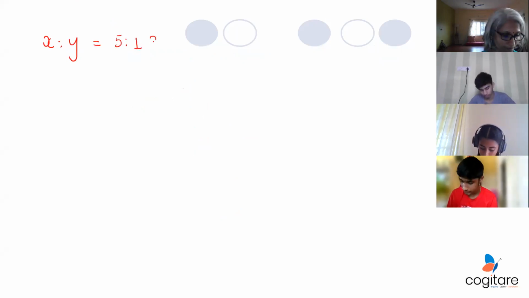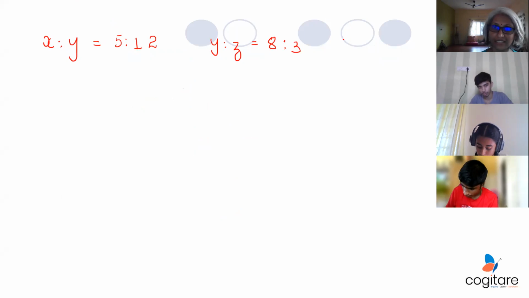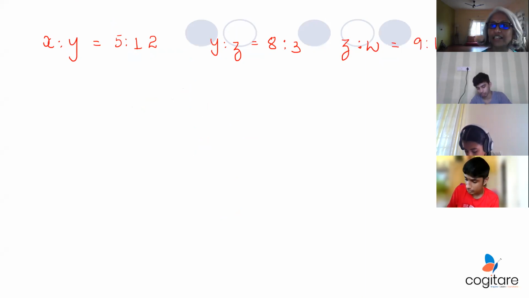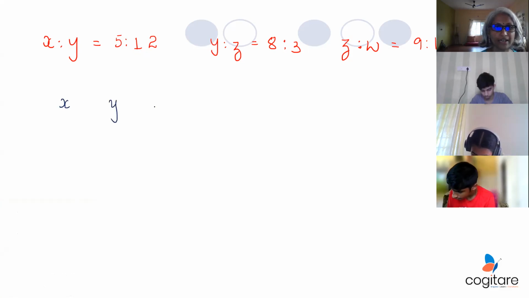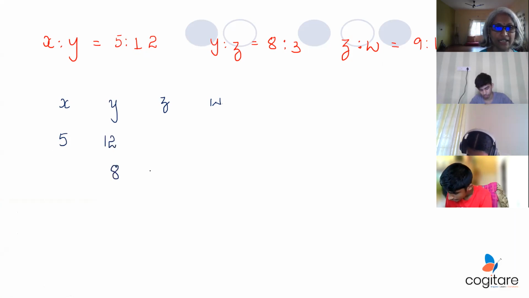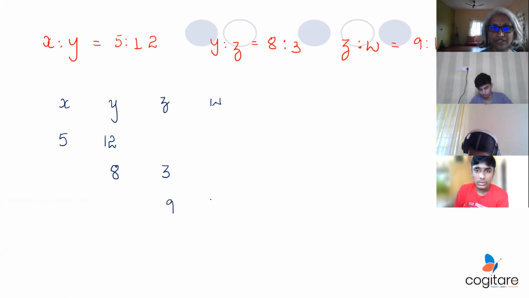If X is to Y is 5:12, Y is to Z is 8:3, I'm extending the same concept, Z is to W is 9:16, then find X is to W. X, Y, Z, W. 5:12, 8:3, 9:16.